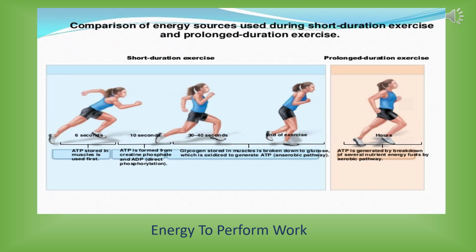So at about the 40-second time of intense exercise, the heart and lungs begin to catch up to the demand, supplying the blood, which has the oxygen, which also has the glucose, to the skeletal muscle so we can stop fermenting and start oxidizing glucose.